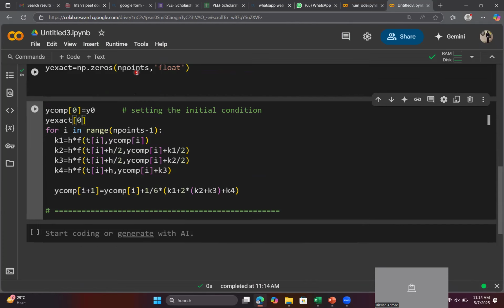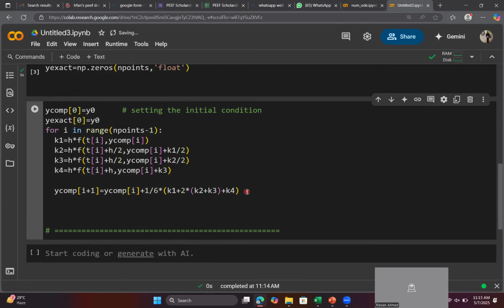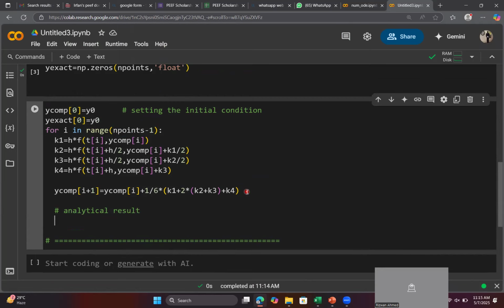The first value here should be consistent with the initial condition, and here I provide the analytical result. Y exact of I plus 1 is equal to t of I plus 1, plus 1, and square of it. And square in Python should be written like this, not like this.